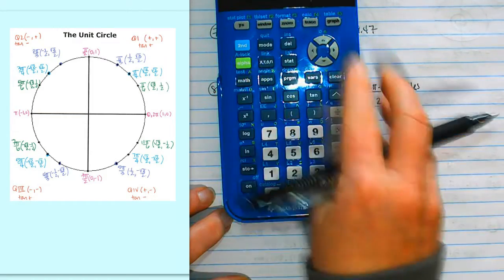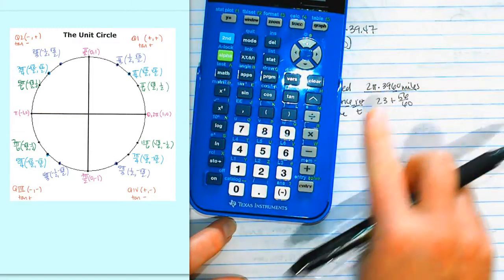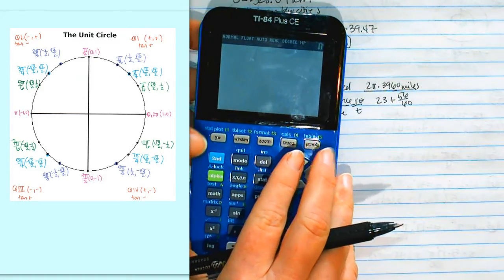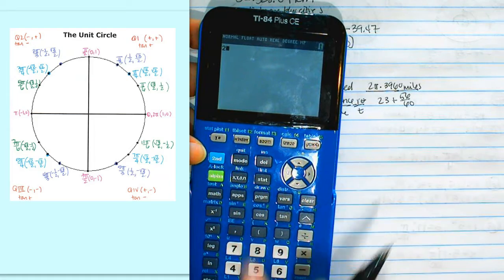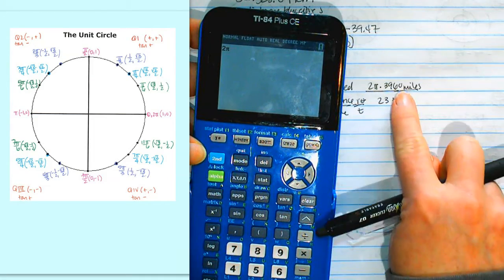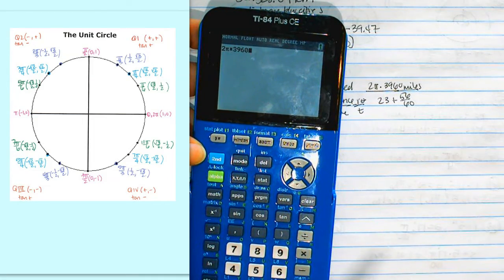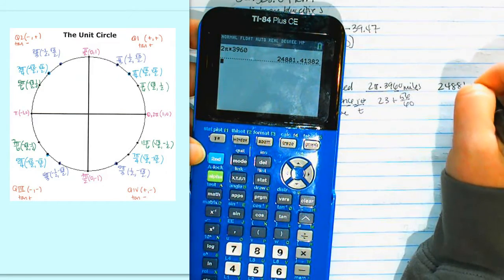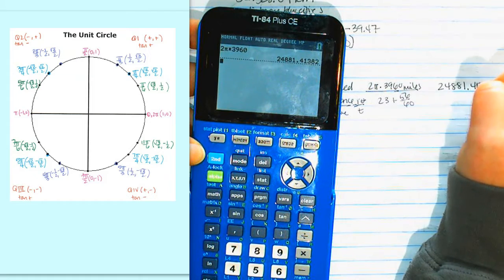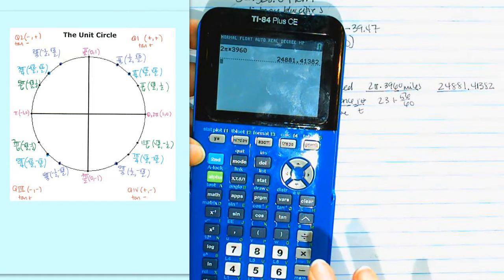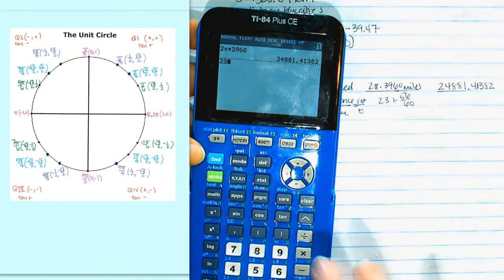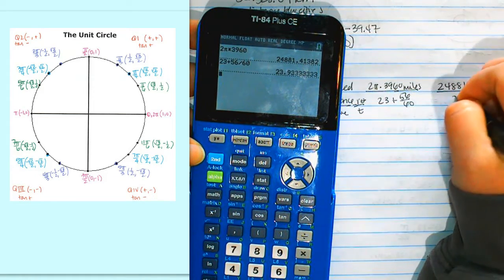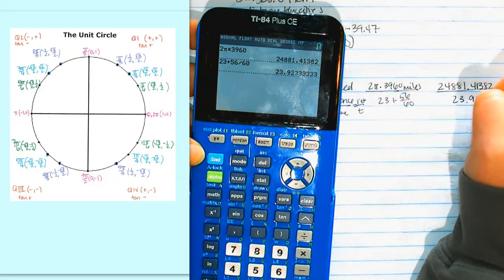So when I put this in my calculator, there we go. Okay, so we've got 2 pi times 3960 miles. That's the numerator: 24881.41382 divided by 23 plus 56 divided by 60, which is 23.93333.